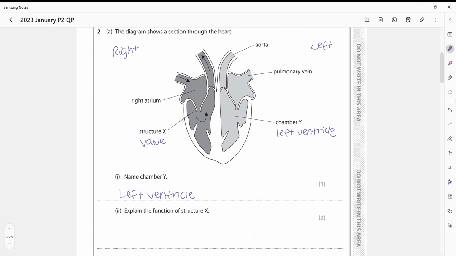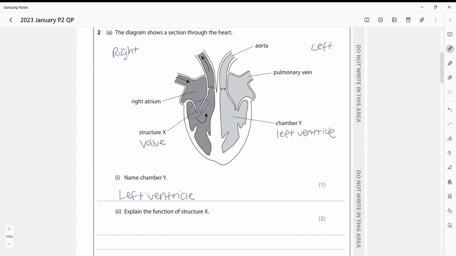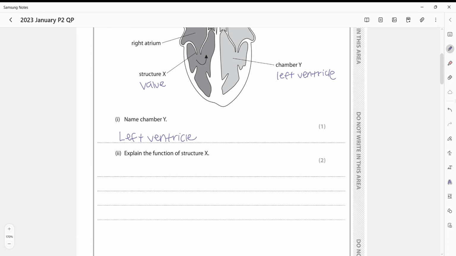Now, explain the function of structure X. So we mentioned earlier that structure X is the valve. So what would happen is as blood gets pumped from the atrium to the ventricle, when the ventricle contracts, it pushes blood upwards, right? And when that happens, the valve prevents blood from going back into the atrium. Okay, so let's write that down.